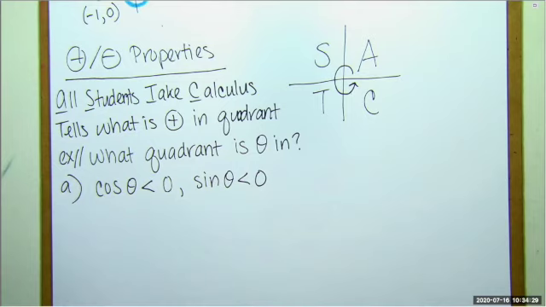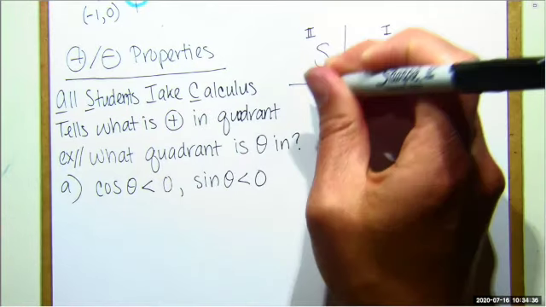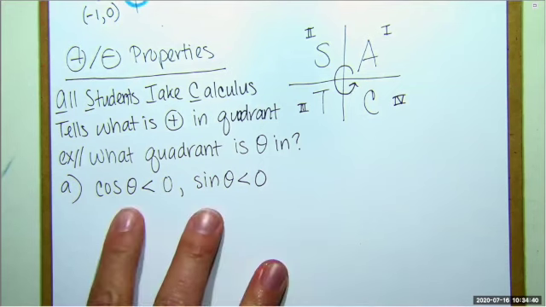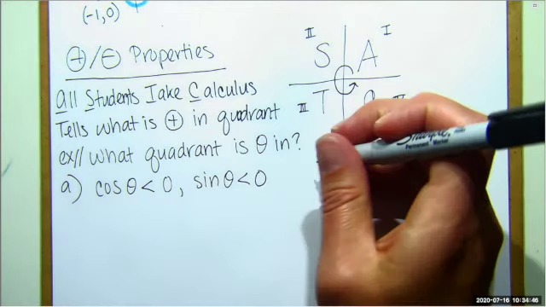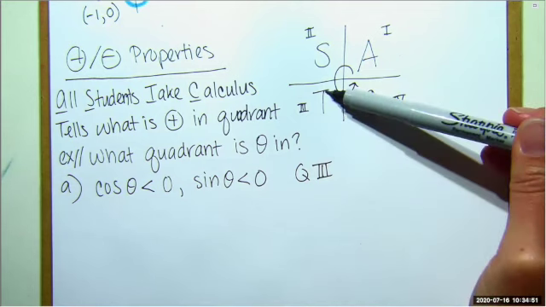All right, so if cosine is negative and sine is negative, remember these are labeled quadrant 1, quadrant 2, quadrant 3, and quadrant 4. If cosine and sine are both negative, what quadrant is theta in? Go ahead and shout it out. 1, 2, 3, or 4? 3. Awesome. Okay, so this is the only quadrant where both of those are negative.